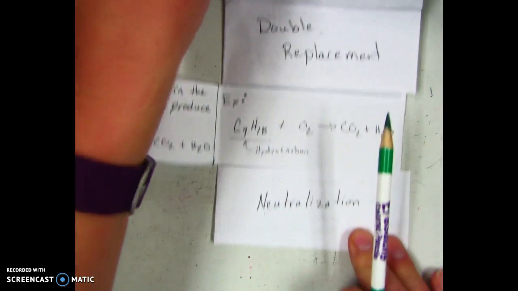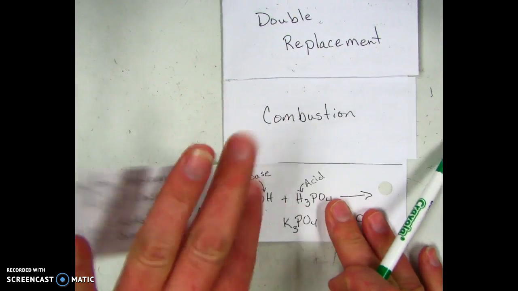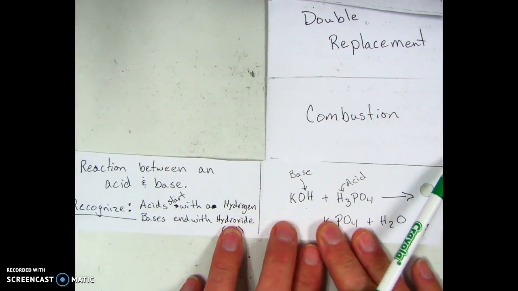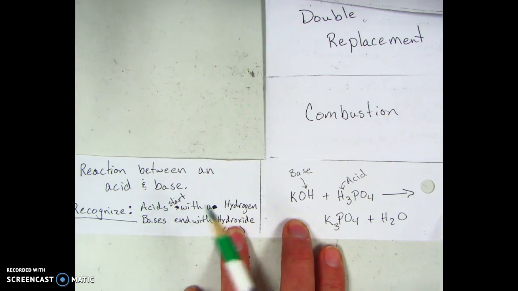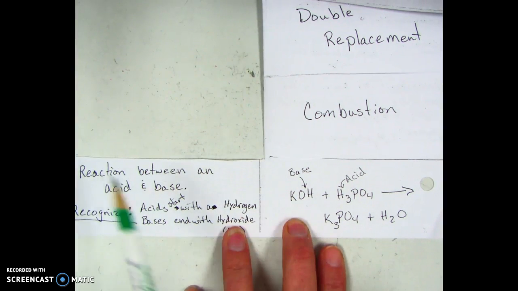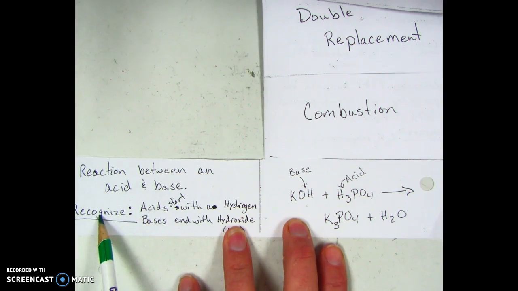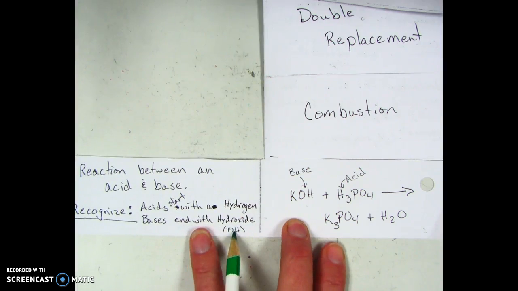And then last but not least is our neutralization reaction. This is what you saw when we made the sodium hydroxide with the single replacement reaction of the sodium and water, and then I poured the vinegar on it. That was a neutralization reaction. This is a reaction between an acid and a base. You're going to recognize this because acids start with a hydrogen and bases end with a hydroxide.